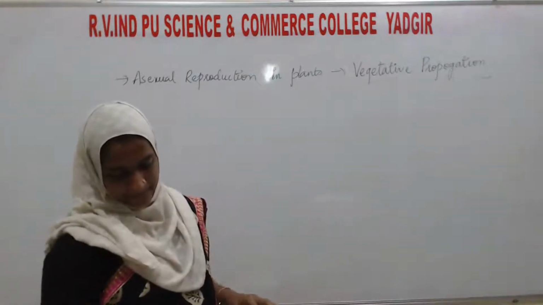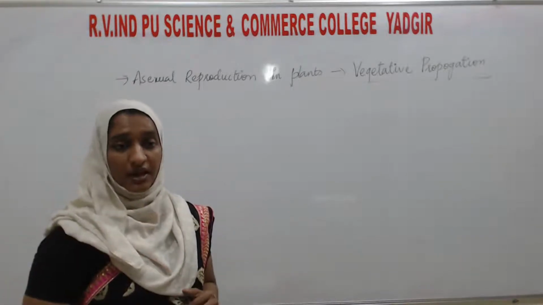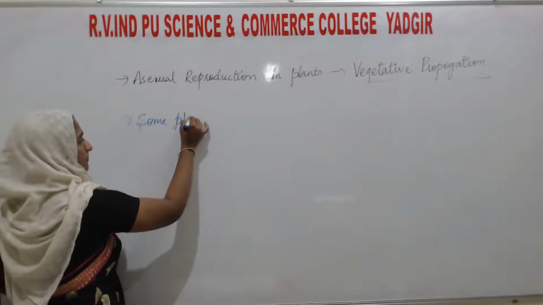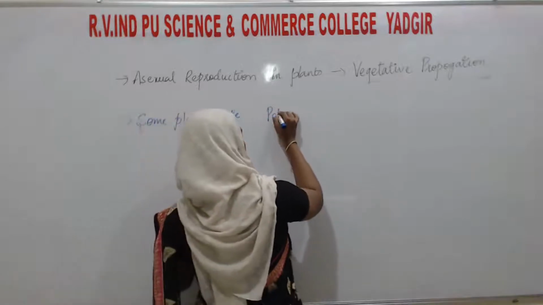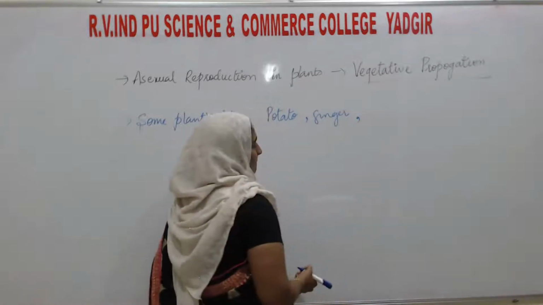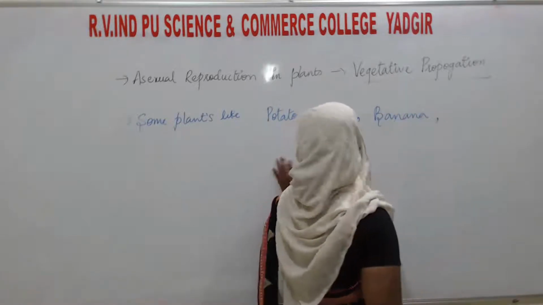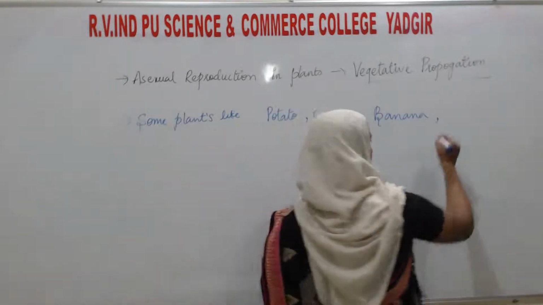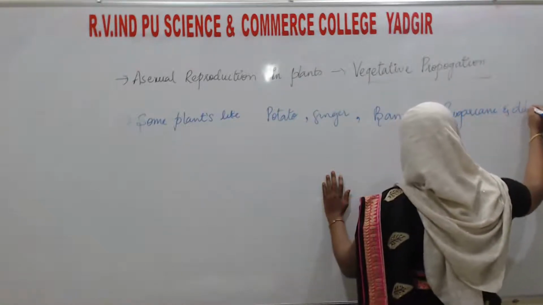Next up, see some of the plants like potato, sugarcane, banana, ginger, and dahlia.